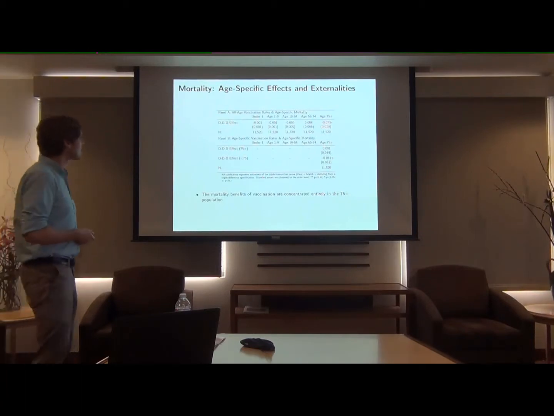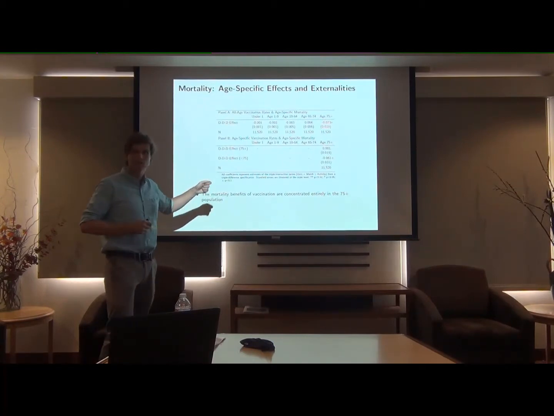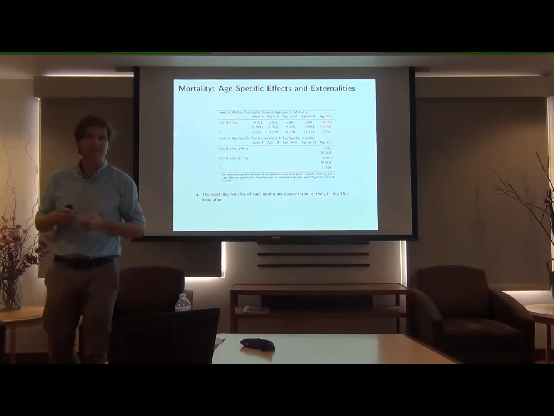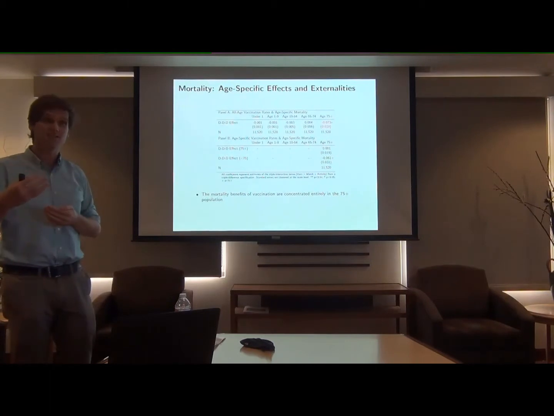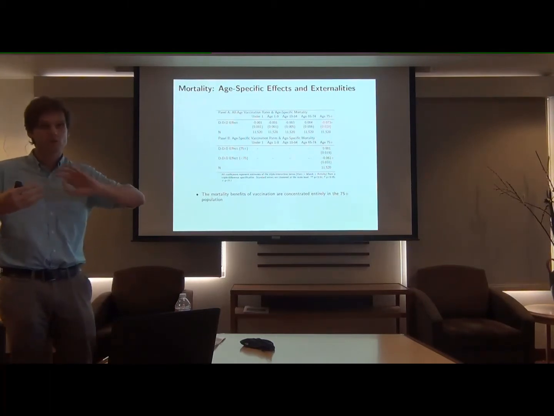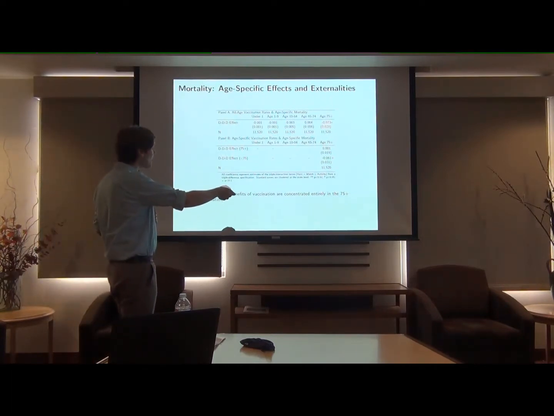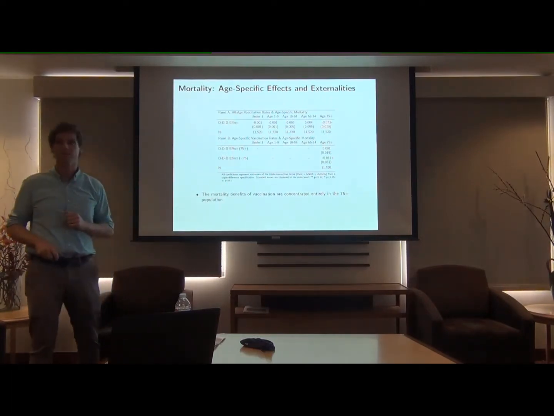So in the second panel, in the same regression, I'm going to include all my interaction terms and everything for both the under 75 and the over 75 vaccination rate. All right? So essentially I'm estimating the effect of under 75 vaccination on over 75 mortality while still controlling for over 75 vaccination, and vice versa. And what I find is that this is really operating all through under 75 vaccination.